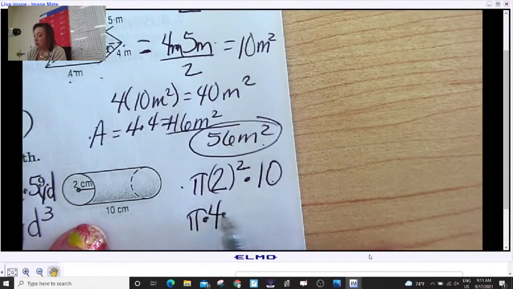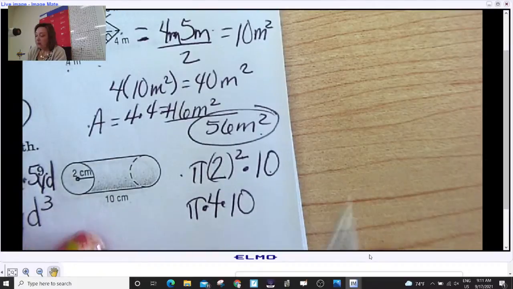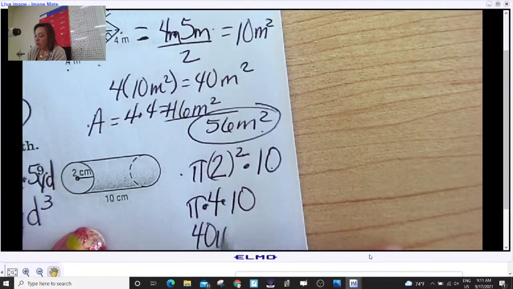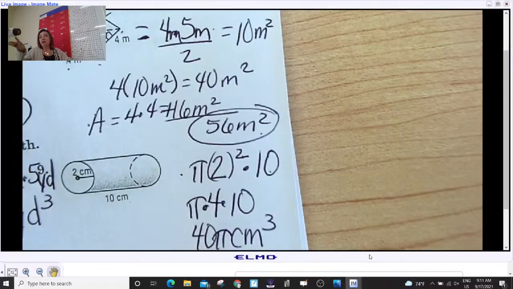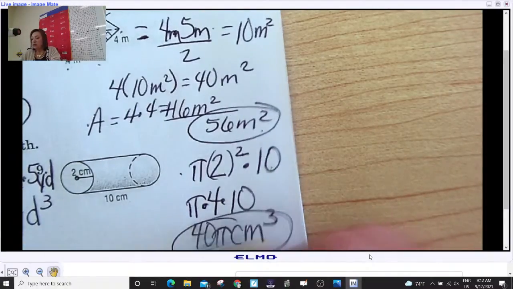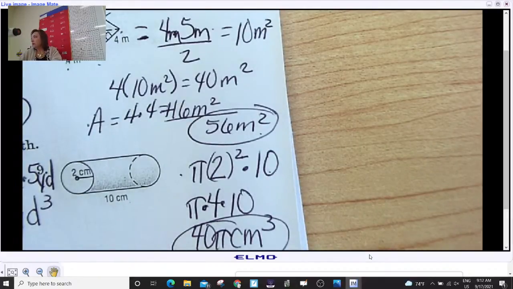So we have 4 times 10 times pi, which we can write as 40 pi centimeters cubed. Or we can multiply it out, 40 times pi, which I think is like 125 point something. I don't know exactly what. I'm not going to worry with doing this.